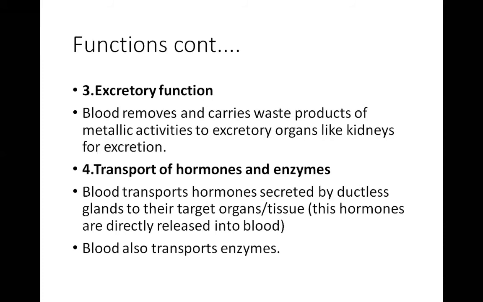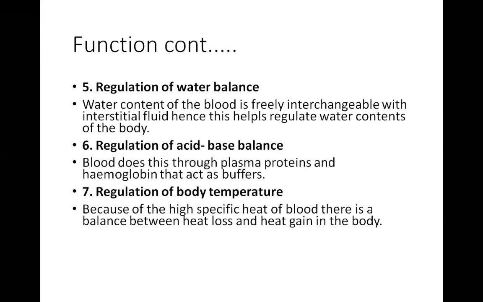Then you have transport of hormones and enzymes. Some hormones are secreted by ductless glands. So these hormones are directly released into blood, then they are transported to their target organs or tissues, and also blood transports various enzymes.